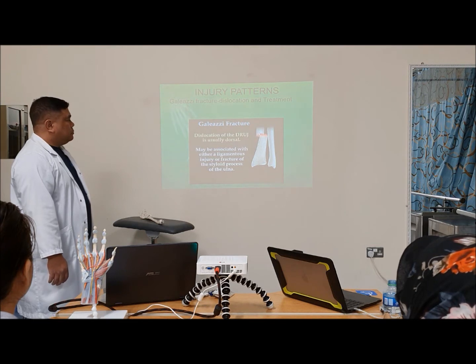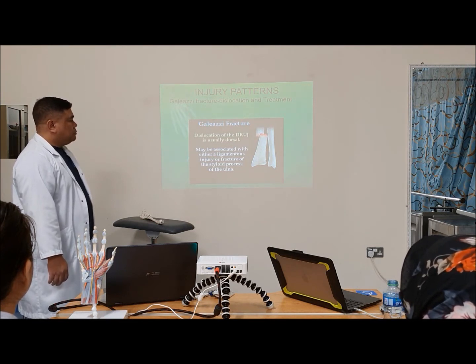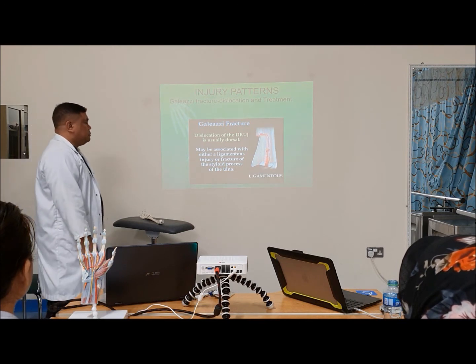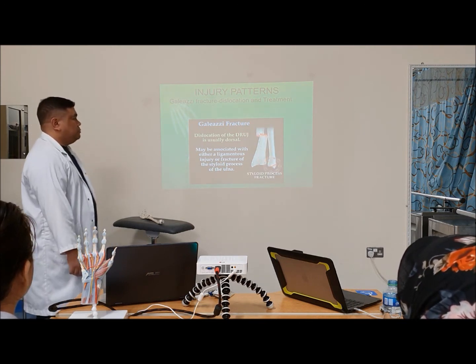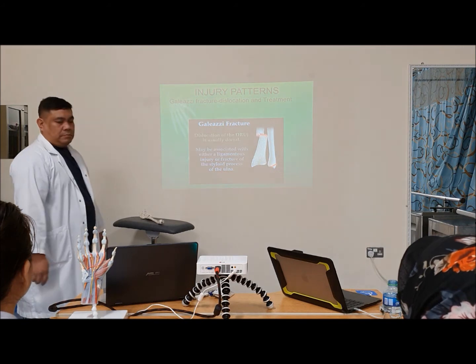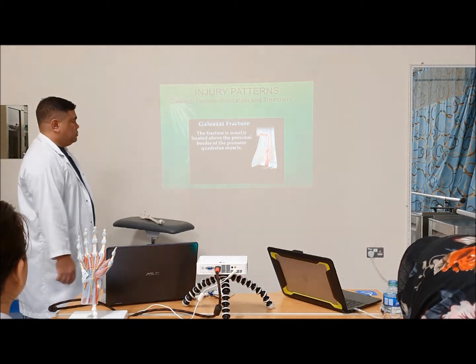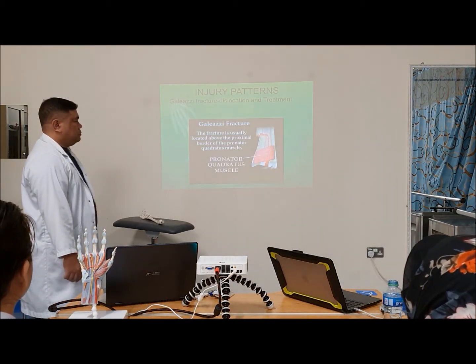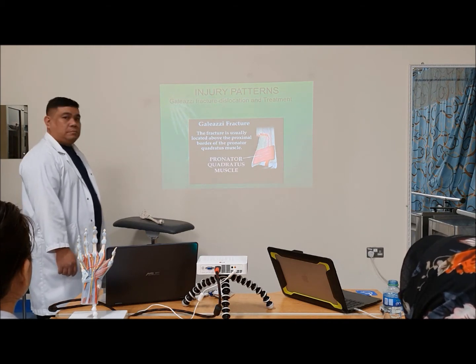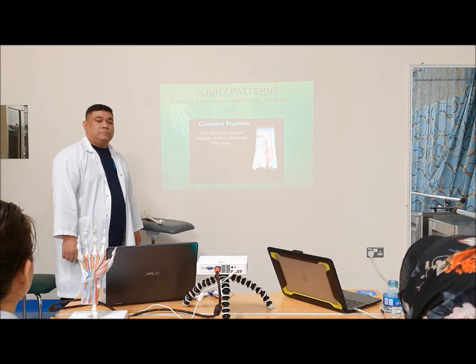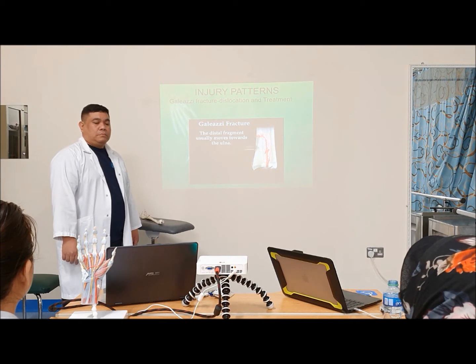Dislocation of the distal radioulnar joint is usually dorsal. It may be associated with either a ligamentous injury or fracture of the styloid process of the ulna. The fracture is usually located above the proximal border of the pronator quadratus muscle. The distal fragment usually moves towards the ulna.